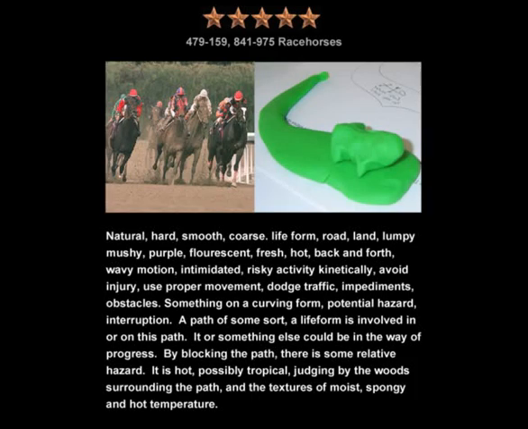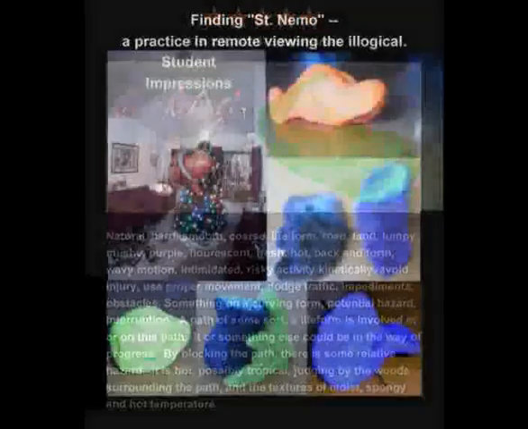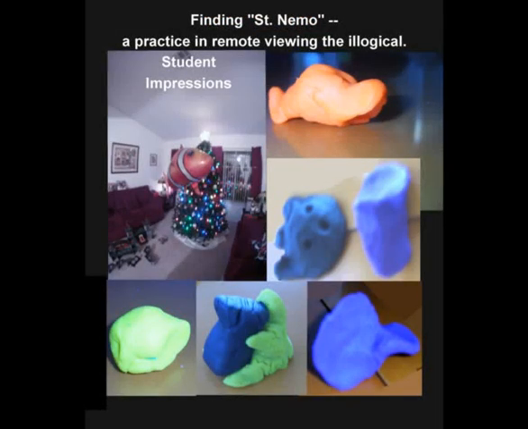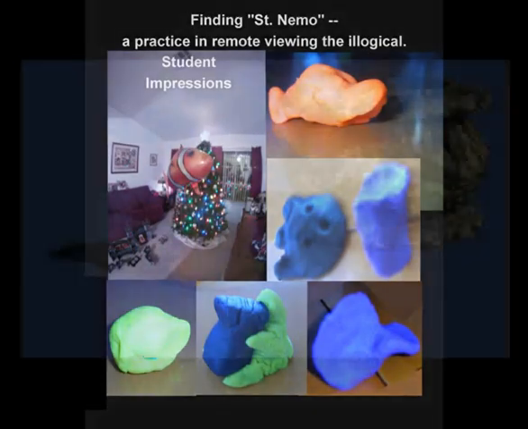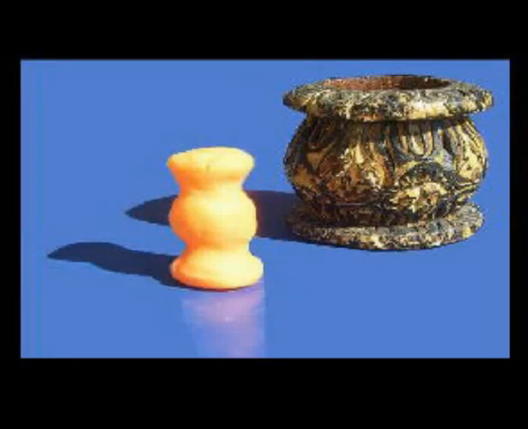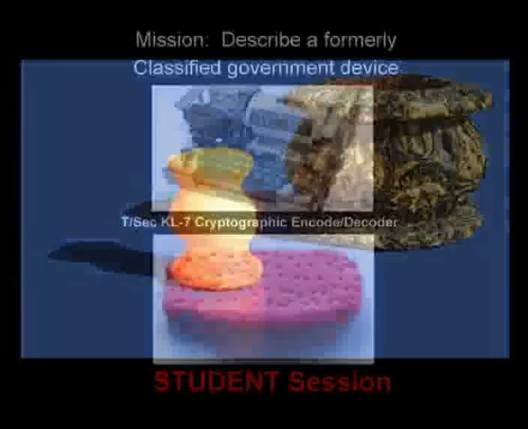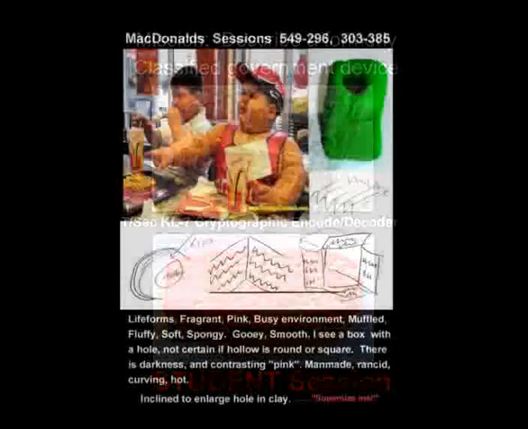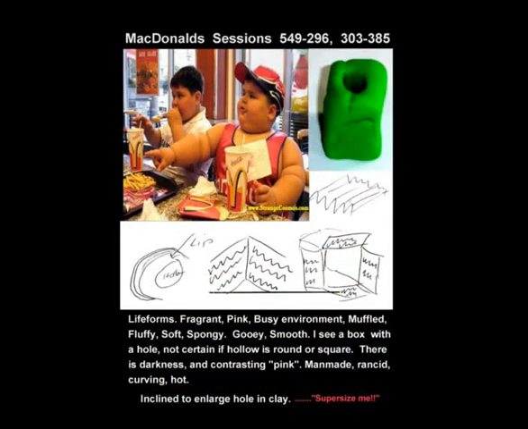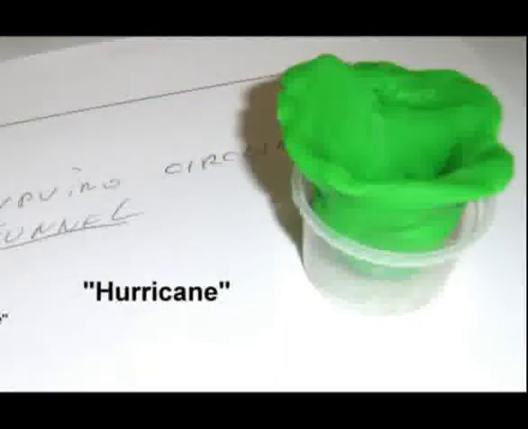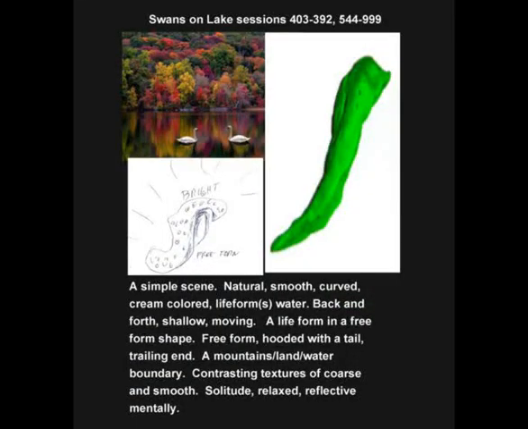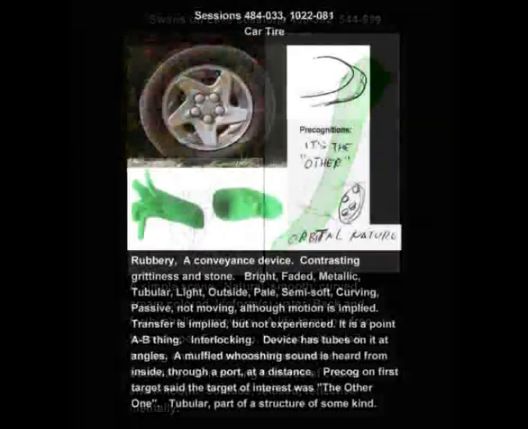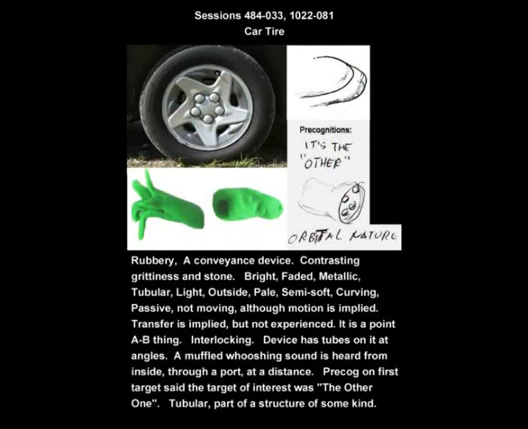A racetrack, Nemo and a Christmas tree, an exact image of a clay pot, a cryptographic machine, McDonald's, hurricane, a swan, and a hubcap.